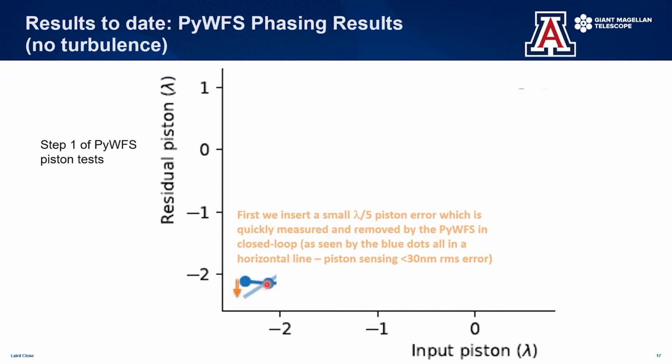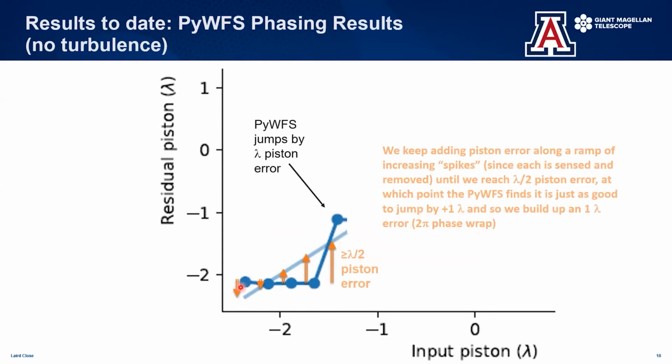So we actually are going to follow a ramp here. The blue dots are going to show its corrected position recovering from that piston error. And as you can see, we just keep adding in piston errors, and the blue line is nice and flat, as you'd expect. So that's good. We're sensing piston. We're taking out the piston error nicely.